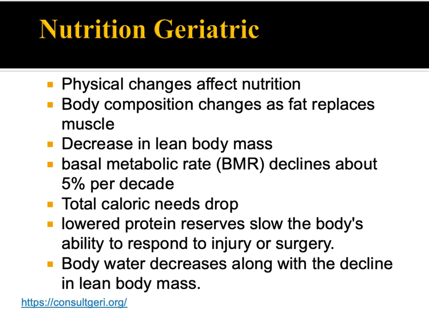The BMR starts to decline actually when we're in our 20s and 30s, and it declines 5% per decade. And so we just don't burn up the calories as quickly or efficiently as we did when we were younger.